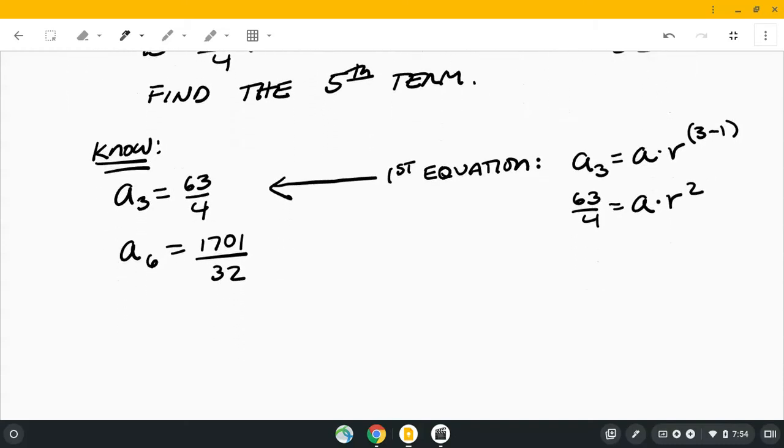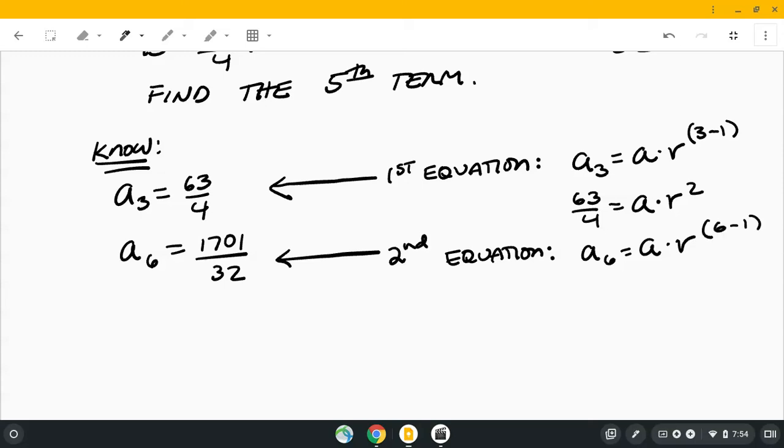I am going to do the same thing here to get my second equation because we're trying to create a system of two equations. Okay, so my second equation, I know that A6 is A, whatever A is, times R, whatever R is, to the 6 minus 1.